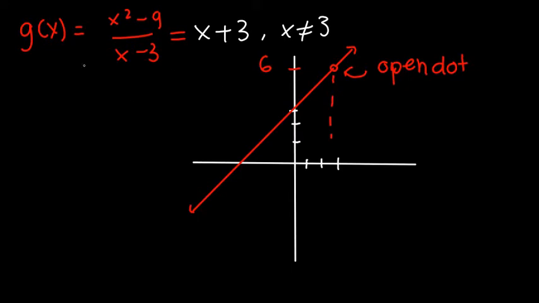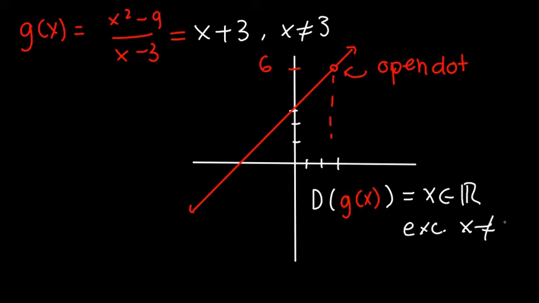So what if we wanted to write the domain of this function, the domain of g of x? Well, the domain would just be x is any real number except x cannot equal 3.